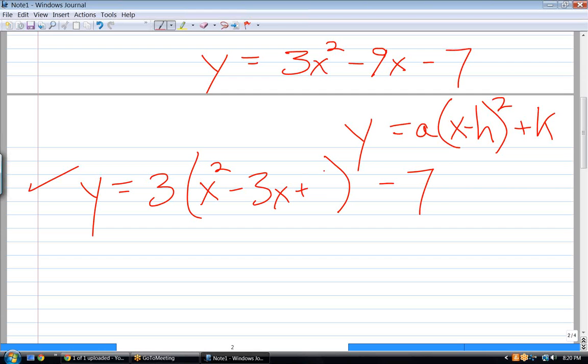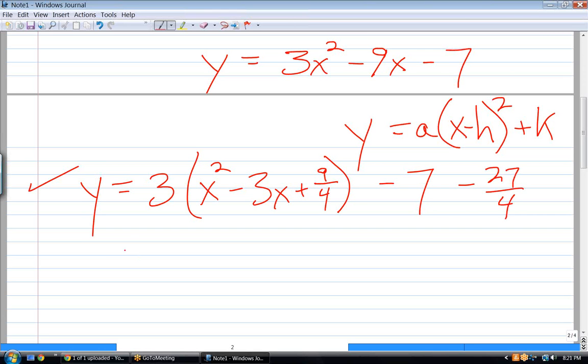I can't arbitrarily write in numbers like that. I've changed the equation. Or subtract it, don't we? What do we have to do? Don't we have to subtract how much? The 9/4 times 3? Yep. So I'm going to subtract 27/4, like that. Now the equation is the same.